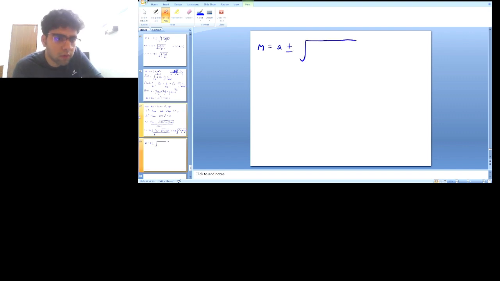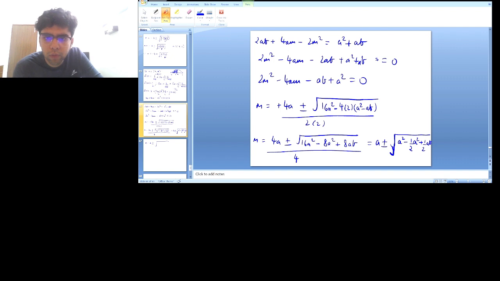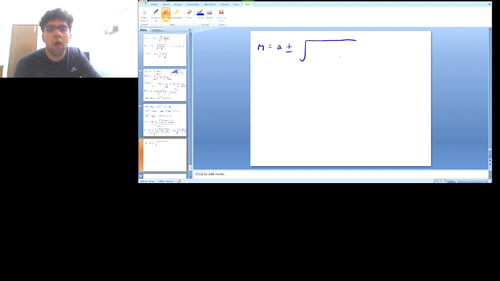So this is a square minus half a square, this becomes half a square plus half ab. Taking half common, half into a square plus ab. Now I can take a also common.